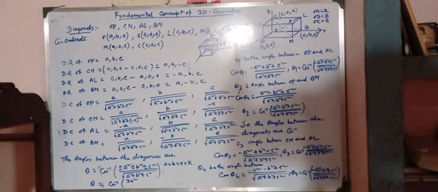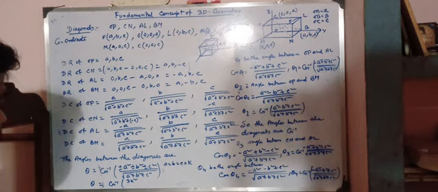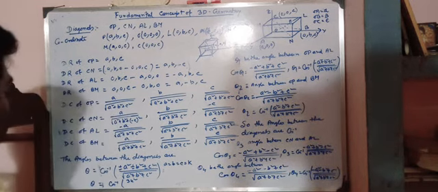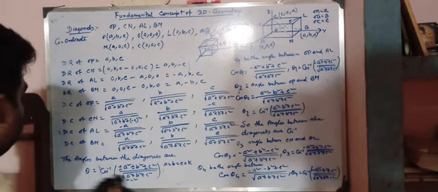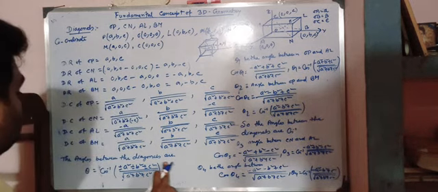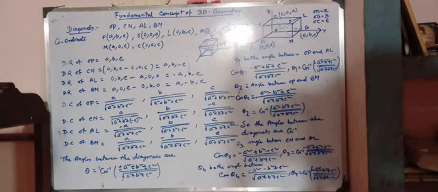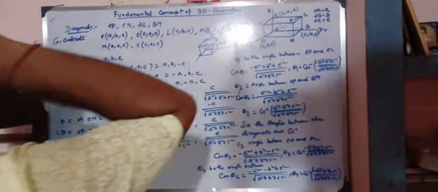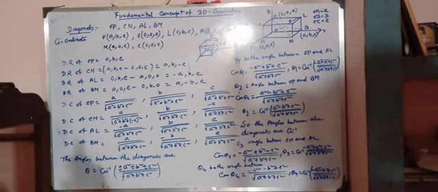Actually, we are not putting the values over here. We are taking A equal to B equal to C. So theta, if we take this as the diagonal, that is the unit diagonal.